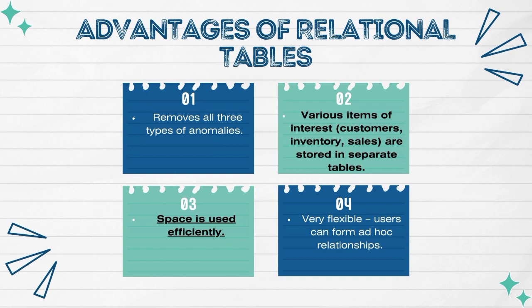Second, various items of interest such as customers, inventories, or sales are stored in separate tables. Third, space is used efficiently. And fourth, it is very flexible, where users can form ad hoc relationships.